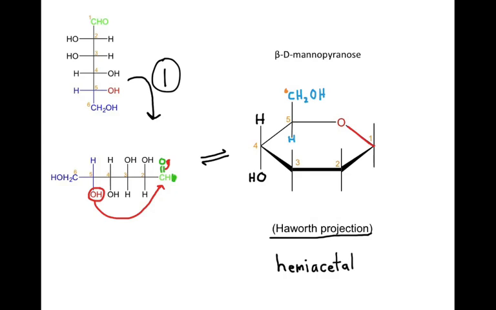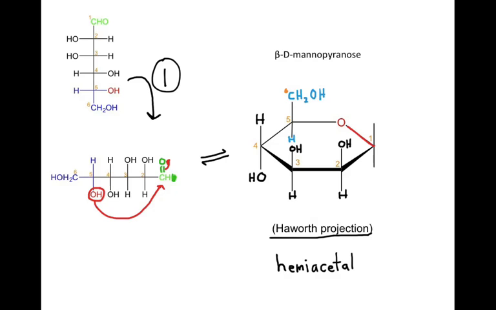So we're now going to draw our OH up, which means the hydrogen is down at carbon 3. And again at carbon 2, the OH is up and the hydrogen is down. So we'll draw that in here. Our OH is up and our hydrogen is down.